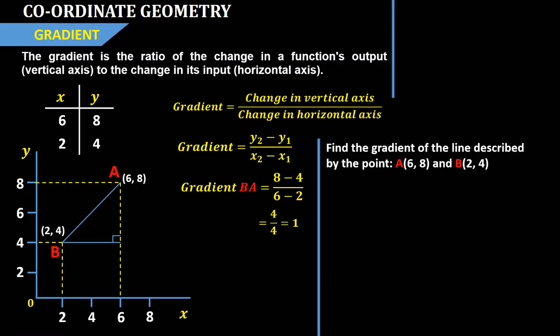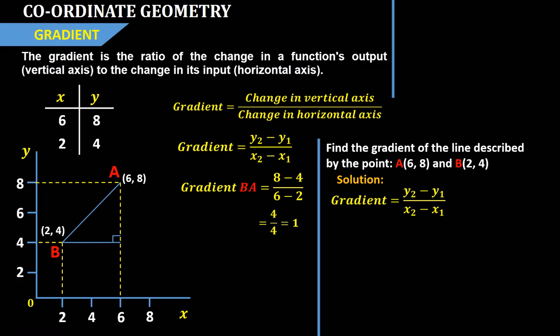So to find the gradient described by both those points, we're not going to be writing gradient is equal to vertical axis over horizontal. We're just going straight to the solution. So the solution is just going to be gradient equals y2 minus y1 divided by x2 minus x1.